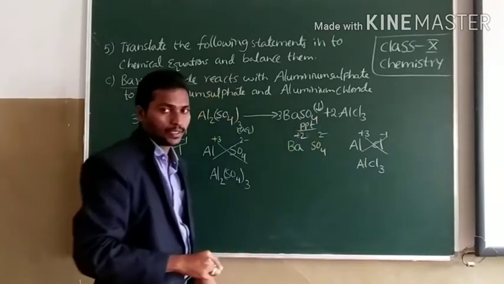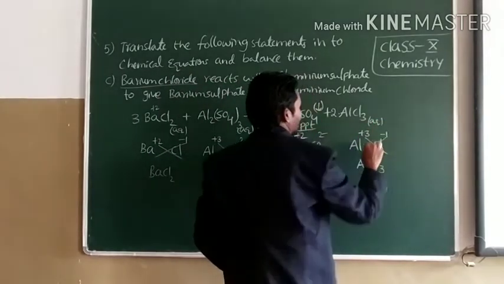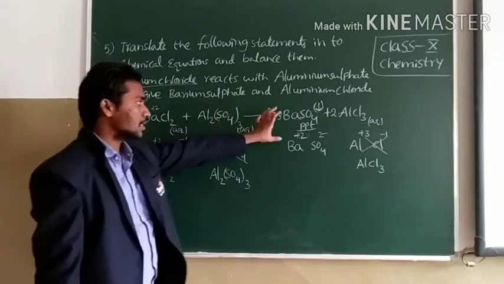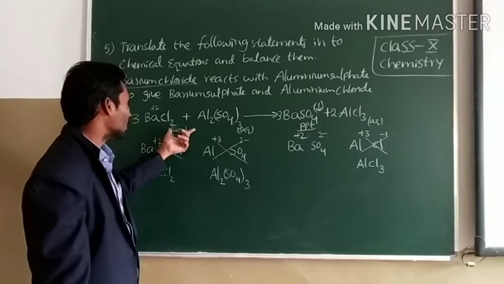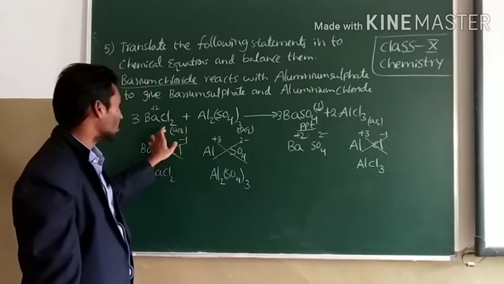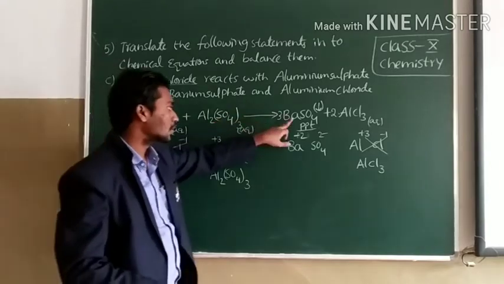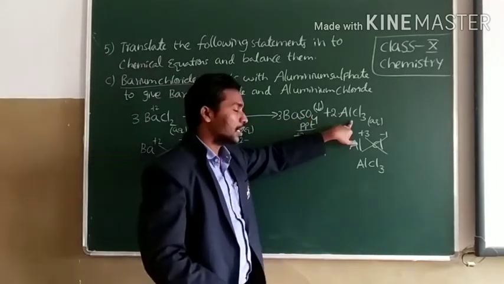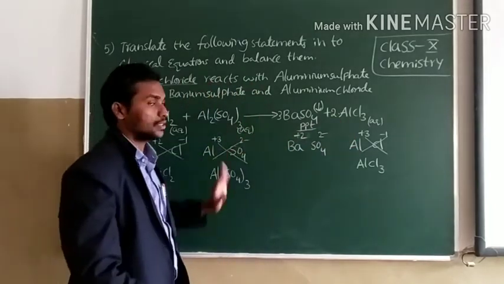PPT means precipitate. And AlCl3, aluminum chloride, is also an aqueous solution. So now this equation gives complete information. That means aqueous solutions of barium chloride and aluminum sulfate react together to give barium sulfate precipitate and aluminum chloride aqueous solution. This is the way we have to balance the equation.